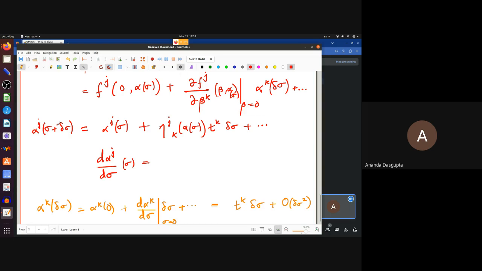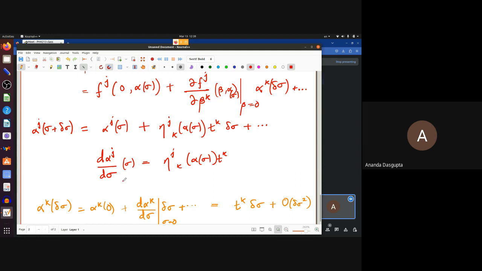That's what the derivative is. It's going to be eta jk at alpha of sigma, tk. Of course, the higher order term will not show up. This is an exact statement. If you stopped earlier, that would be an approximate statement, ignoring delta sigma squared order terms. However, when you're talking about the derivative, you are taking the limit as delta sigma goes to 0 after dividing by delta sigma. The higher order terms will have delta sigma left in them, so they will not be there.